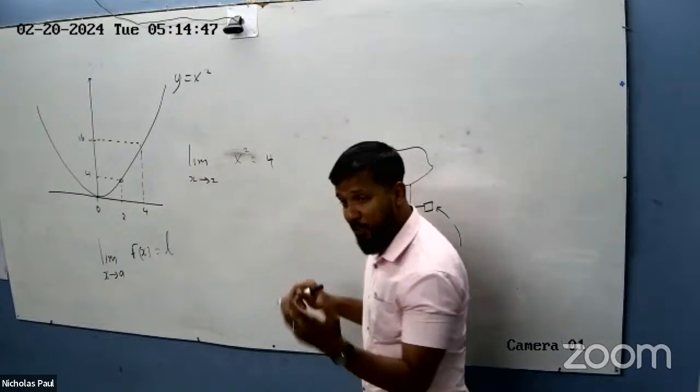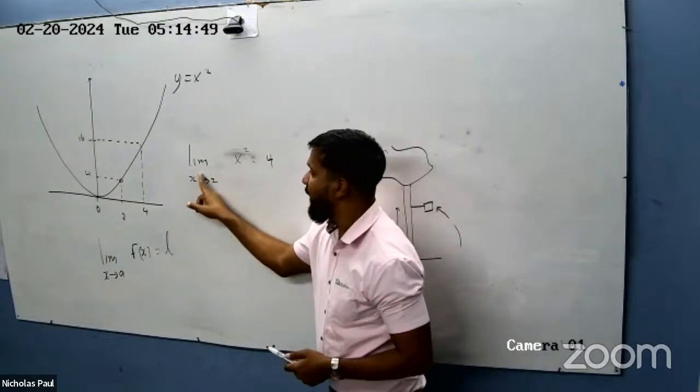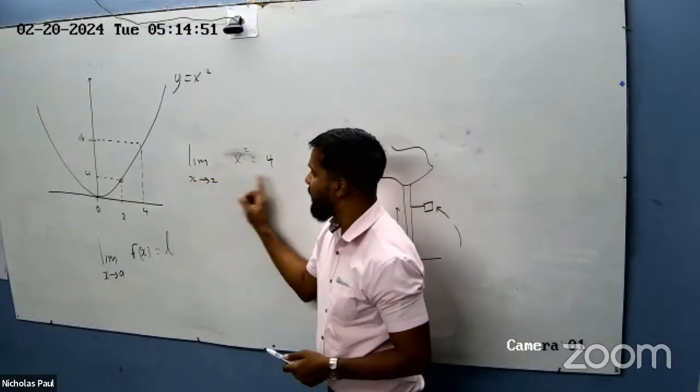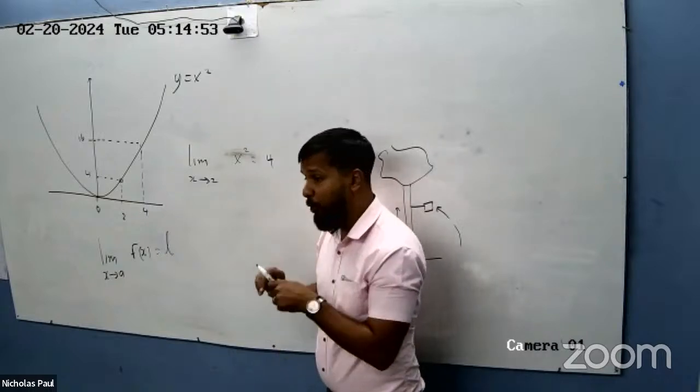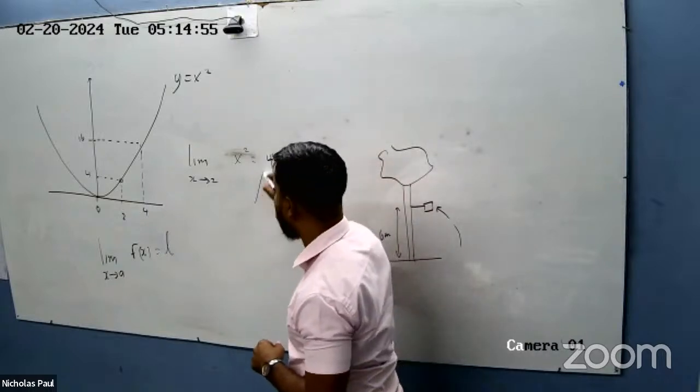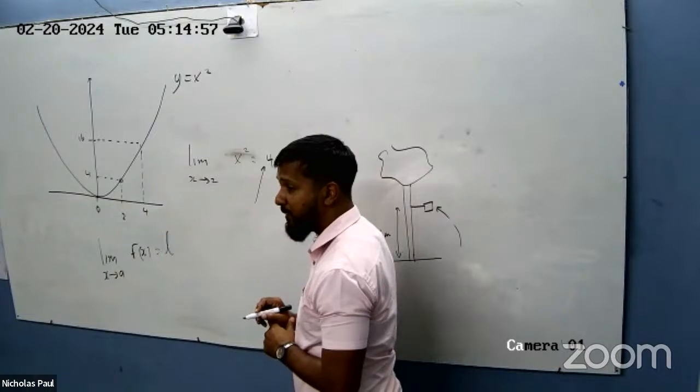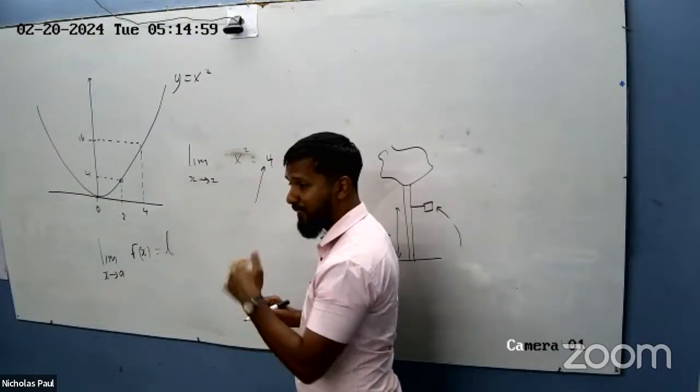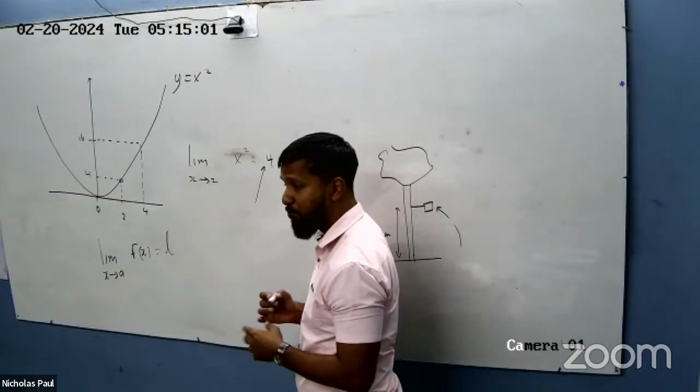All right. So if I ask you, what is the limit of x squared as x approaches 2? The answer is 4. But you'll recognize the only way I could validate this is if the approach from the left and the right is the same thing. You recognize that?